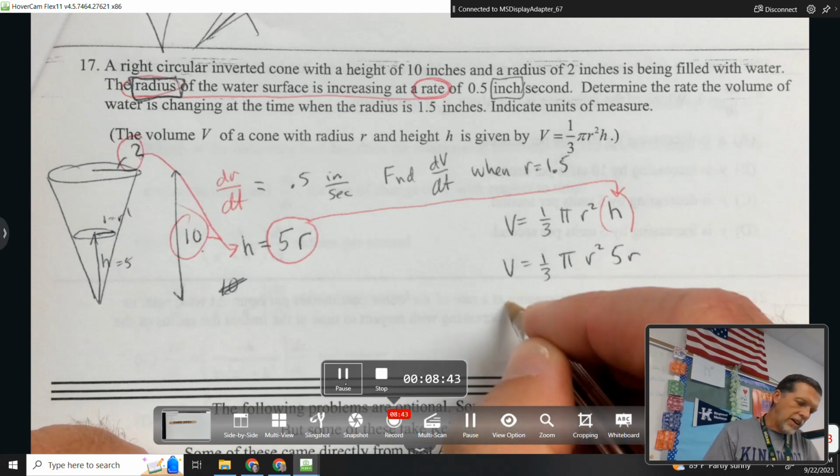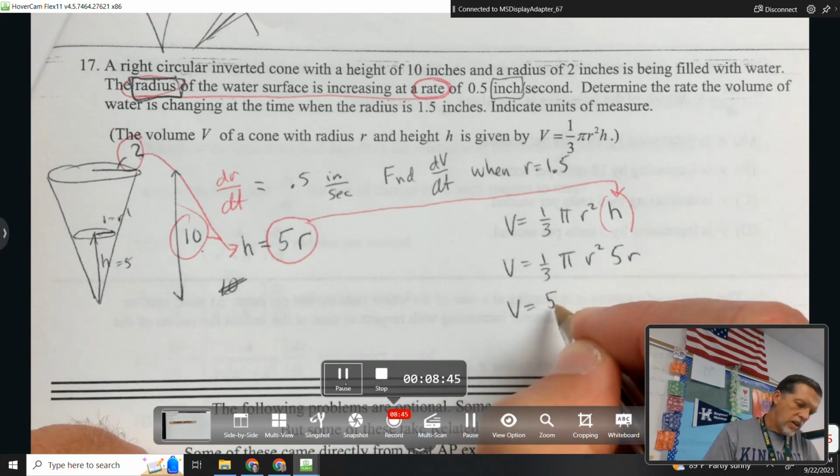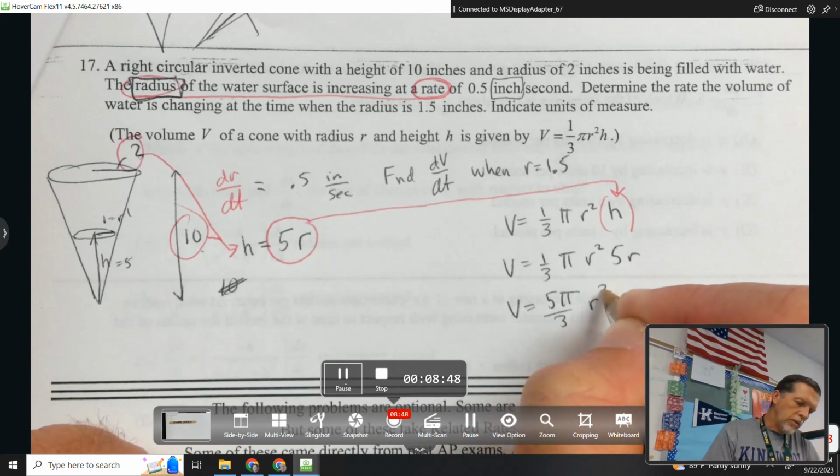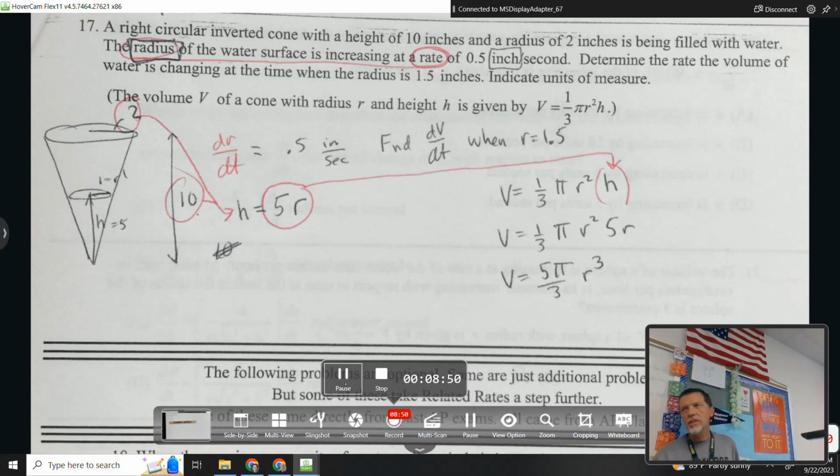And I've got an equation now with only one variable in it. So taking a derivative is going to be a whole lot easier.